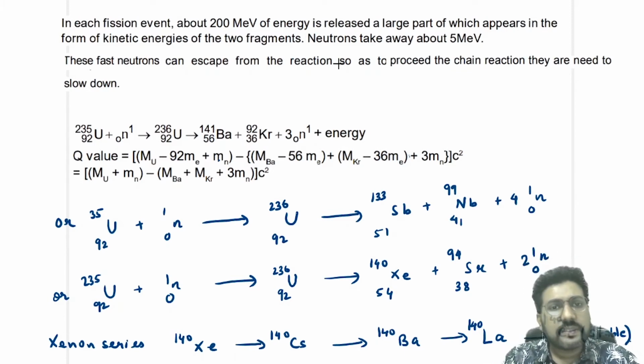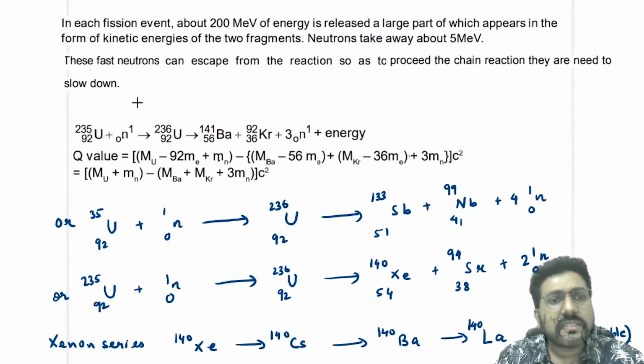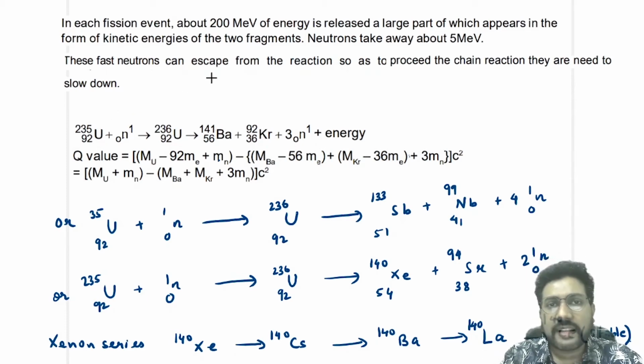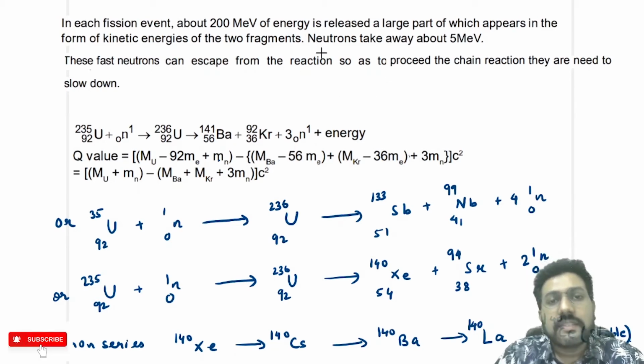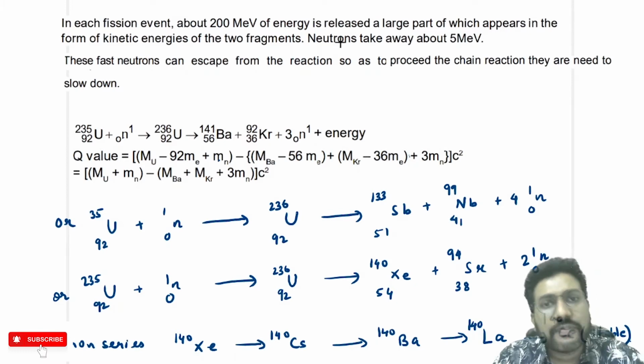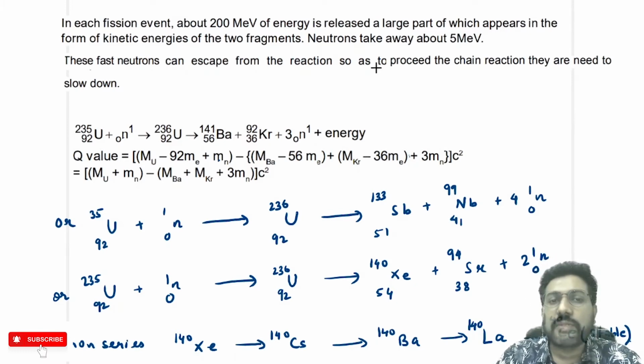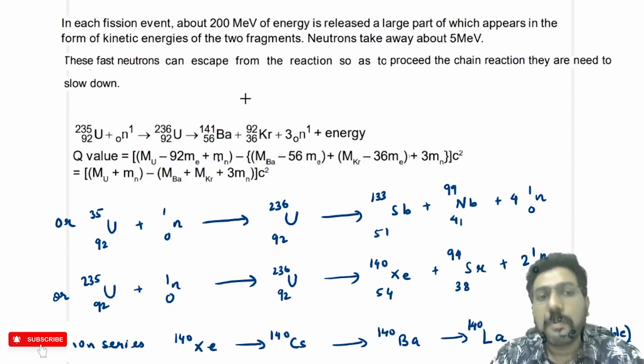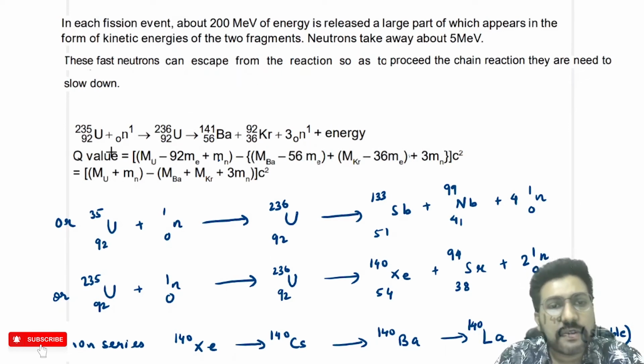Now, these fast neutrons, if they are very fast, can escape from the reaction and they miss the chain reaction. So if you want these neutrons to take part in another fission, in that case you need to slow them down. And this slowdown is done with the help of moderators, I've told you. But what are these moderators? We will discuss after we discuss these reactions.